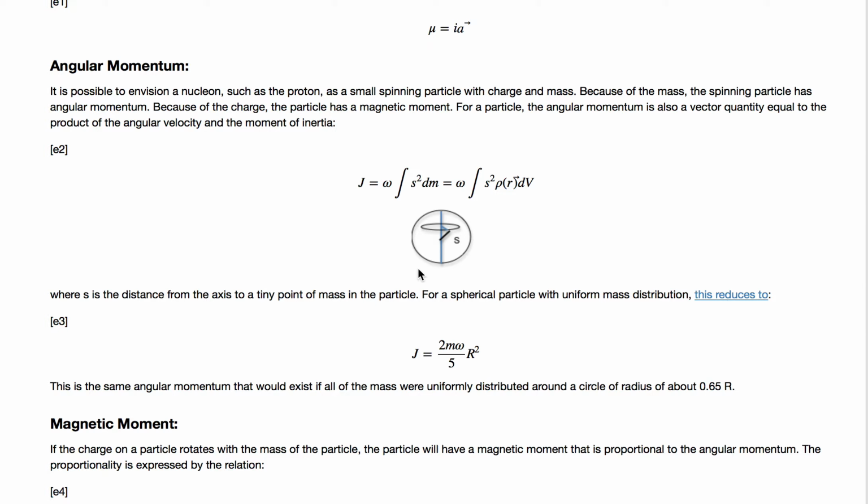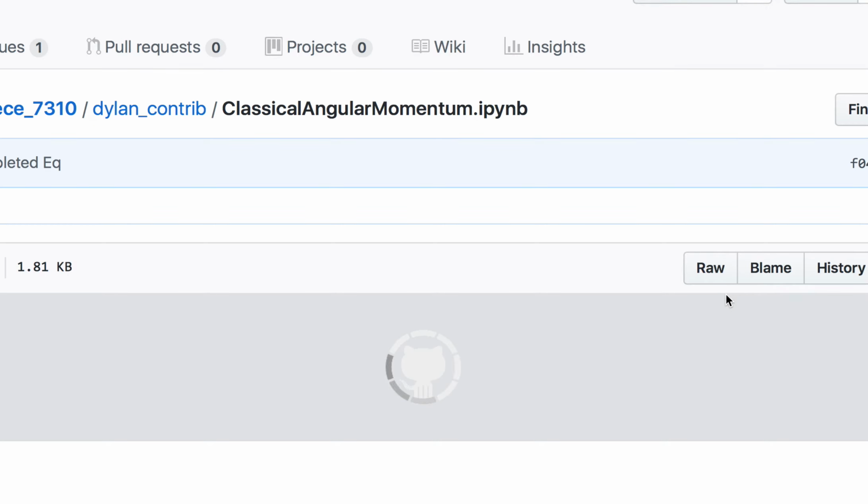And so if the mass is distributed uniformly throughout the sphere, then you can do this integral, and you can hit this little button if you want to actually see it.